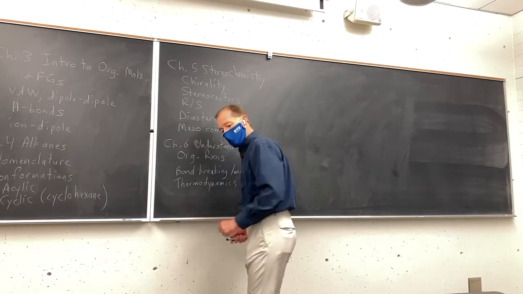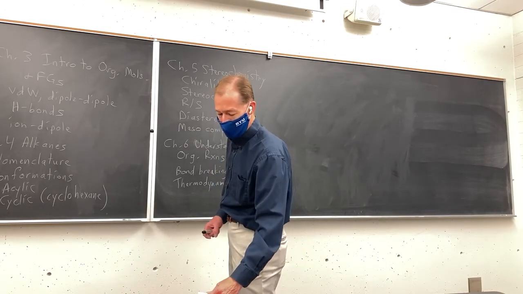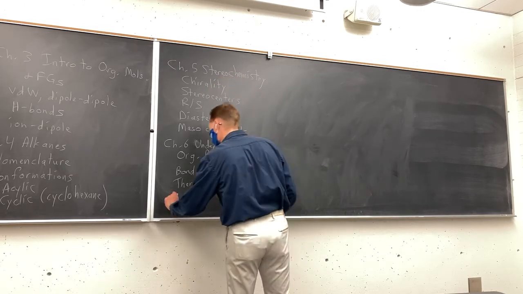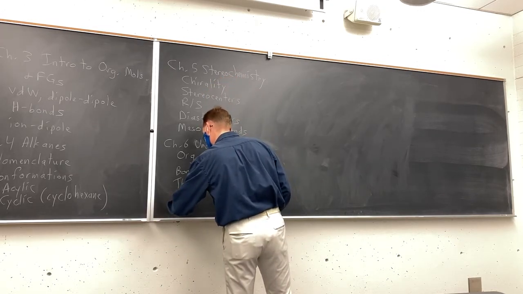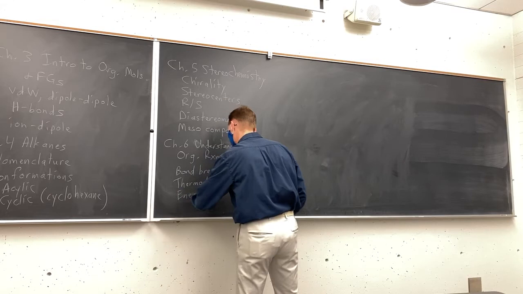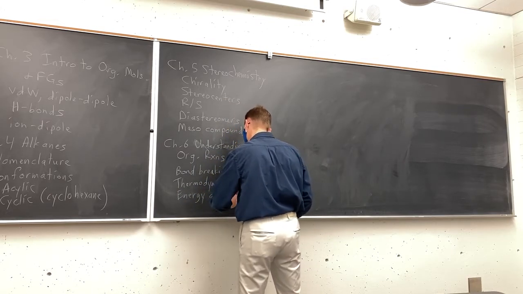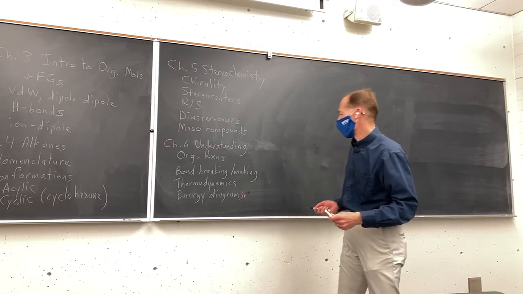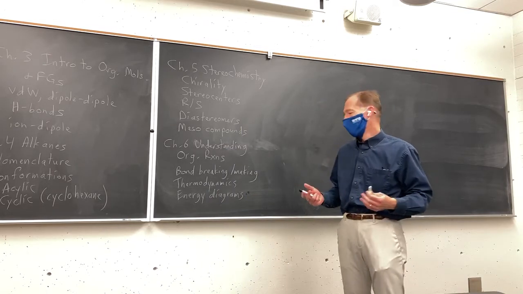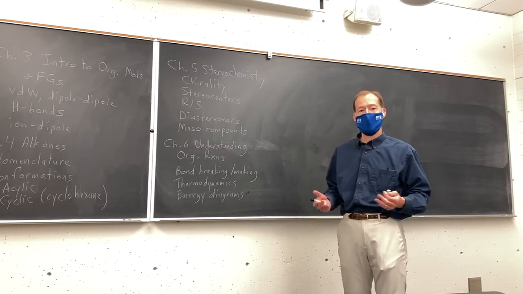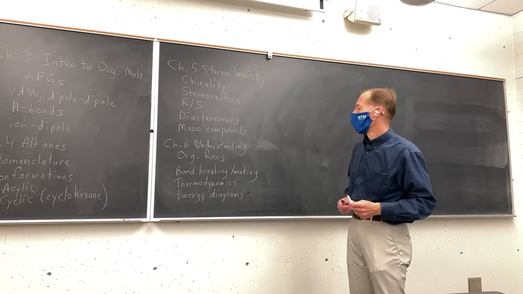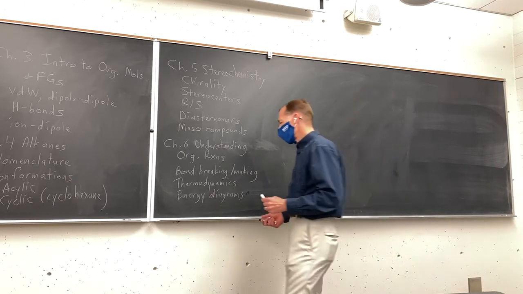One of the key things in this chapter was the energy diagrams. We learned how to interpret energy diagrams. And so being able to interpret energy diagrams is an important skill. We had multiple choice questions on that topic earlier in the class.